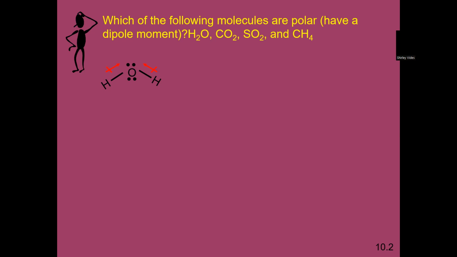If the directions are equal and opposite, they are going to cancel. But these two are not. They are going towards the same place, going up. So their dipole moment is measured by the addition of both of those, and that is going to be a direction going towards the oxygen. So that is a dipole moment.